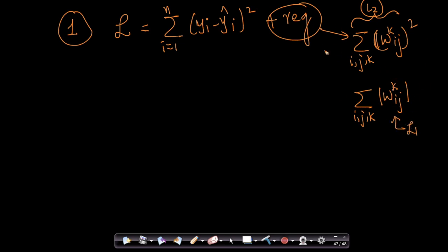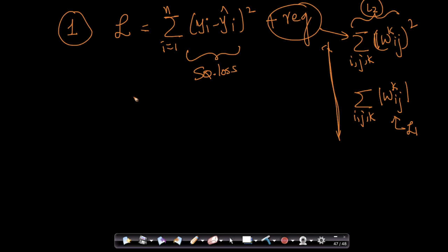But just ignore the regularization for now so that the optimization becomes simpler, because we understand regularization from logistic regression, etc. Just as a note, this is your L2 regularizer, this is how your L1 regularizer looks, and this is your loss function. This is your simple squared loss.